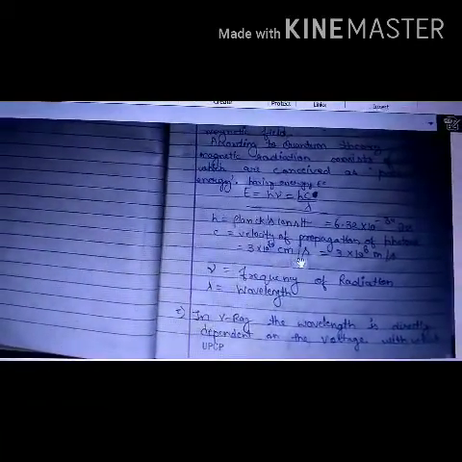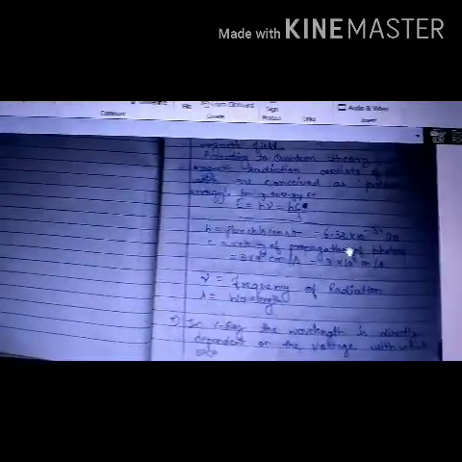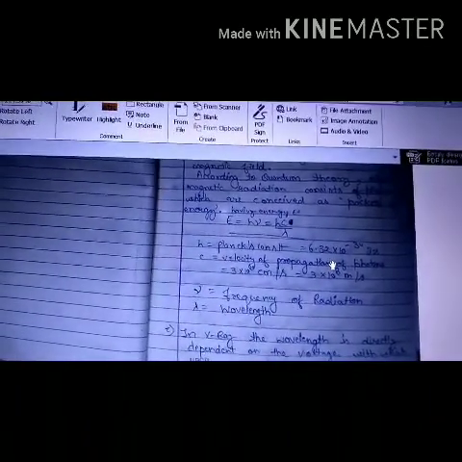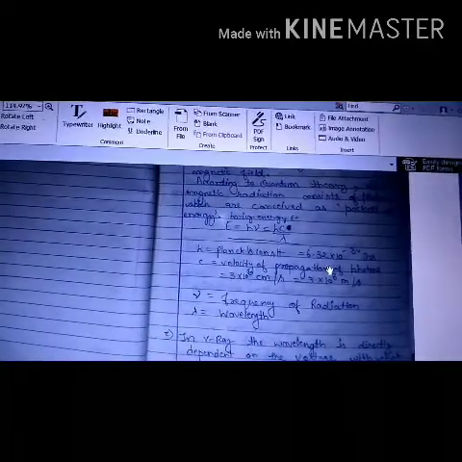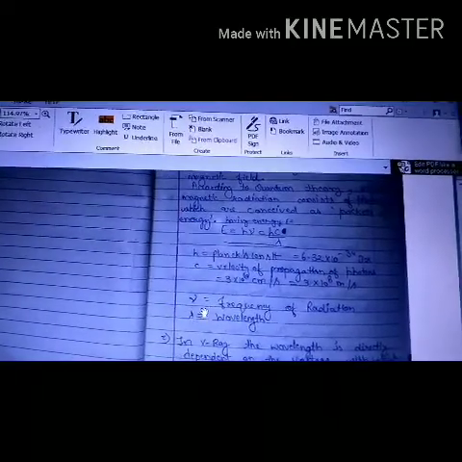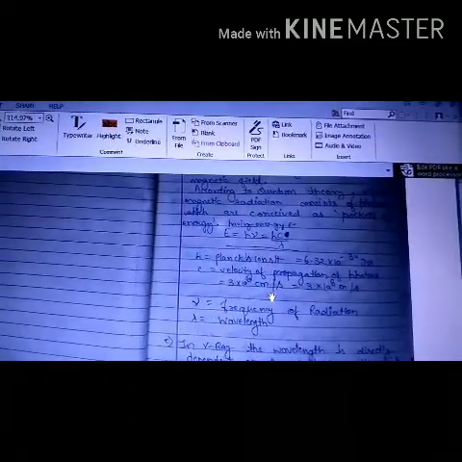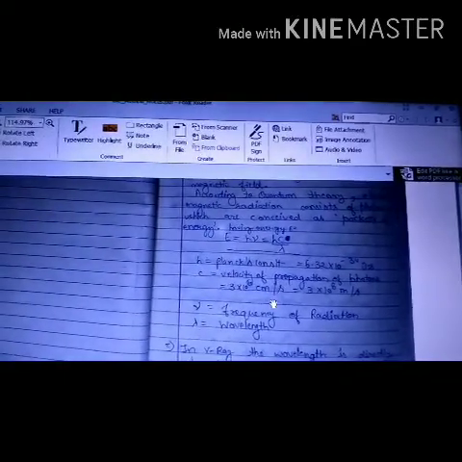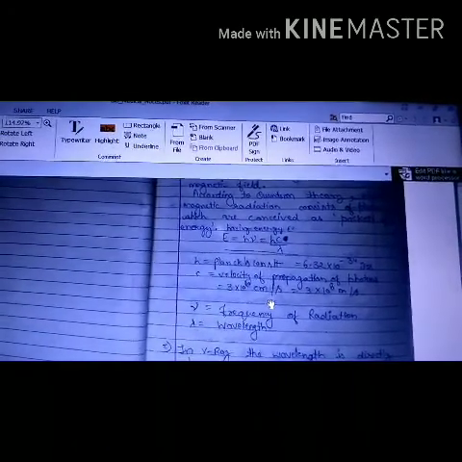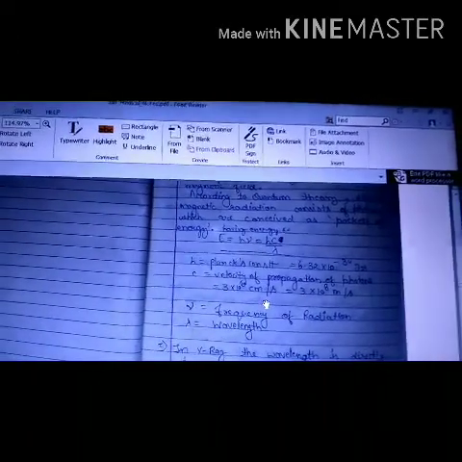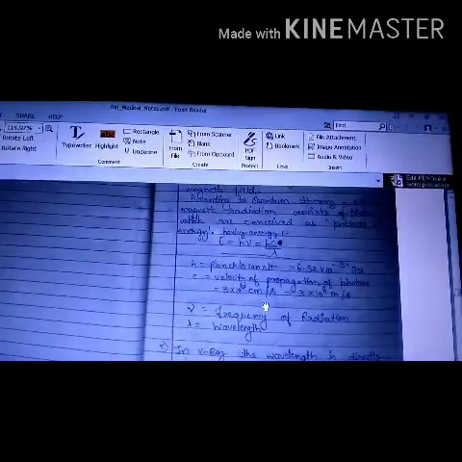This should not be in centimeter square, as I previously mentioned. It was wrong because this is velocity, it is in centimeter per second, so please don't get confused. This is 3 into 10 to the power 10 centimeter per second, and this amounts to 3 into 10 to the power 8 meter per second, which is almost similar to the speed of light.